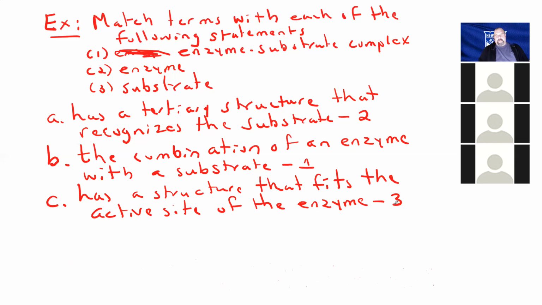Let's talk a little bit more about substrate. We talked about how you have reactant molecules and you have enzyme molecules that are present and they're going to be in motion. Well, one of the questions is how many reactant molecules and how many enzyme molecules do you have?